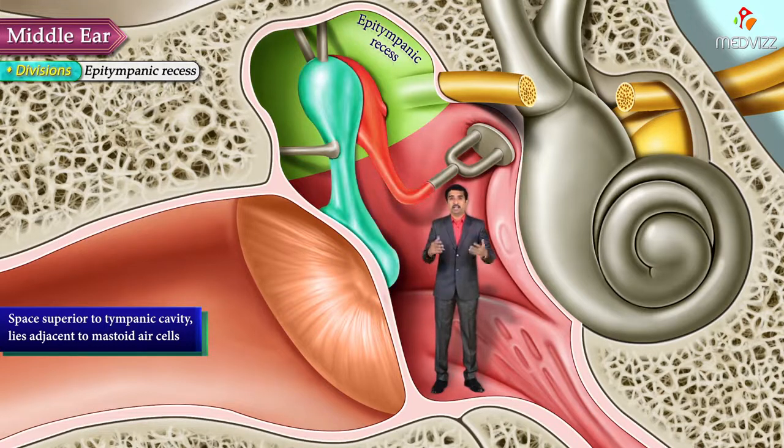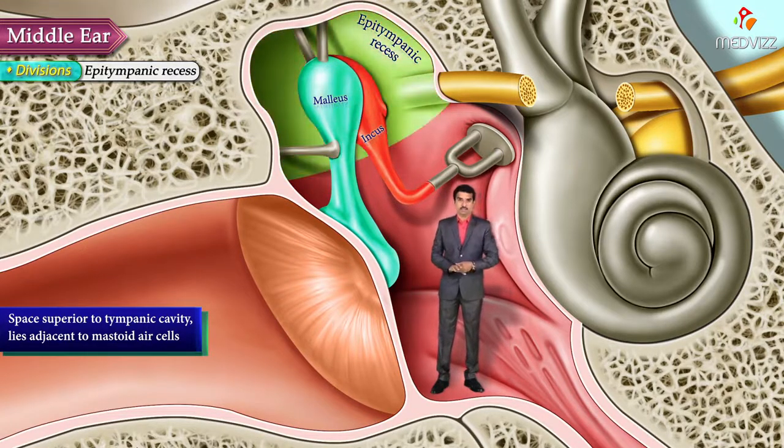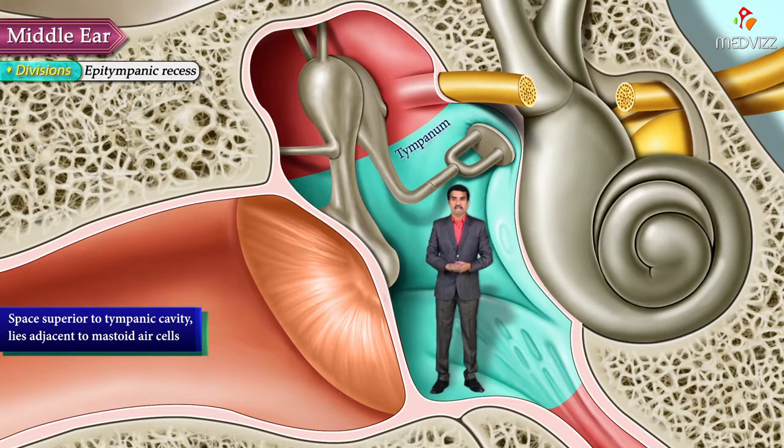And here the ear ossicles such as malleus and incus partially extend upwards into the epitympanic recess. So this is how the middle ear cavity can be divided into the tympanum as well as the epitympanic recess.